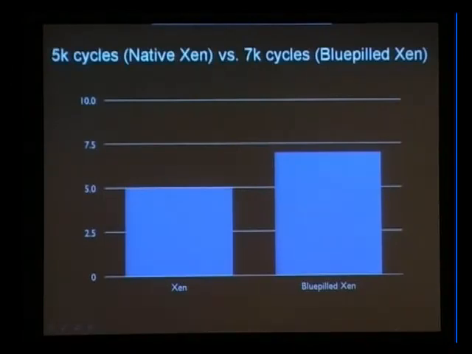This is good because it allows us to minimize the performance impact to as low as 2,000 CPU cycles, because original Xen takes, for example, 5,000 cycles to service a typical VM exit, like CPUID, and Bluepilling the Xen takes 7,000 cycles. So 2,000 cycles is added by the Bluepill.